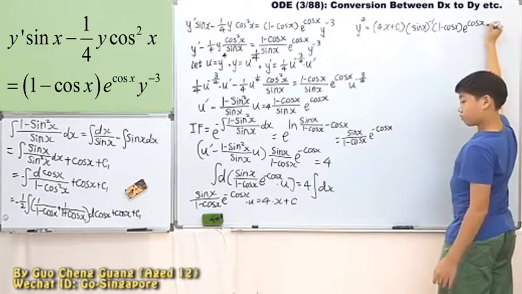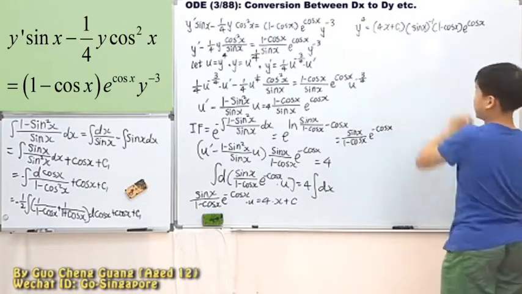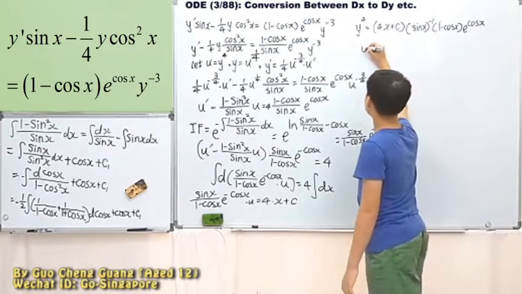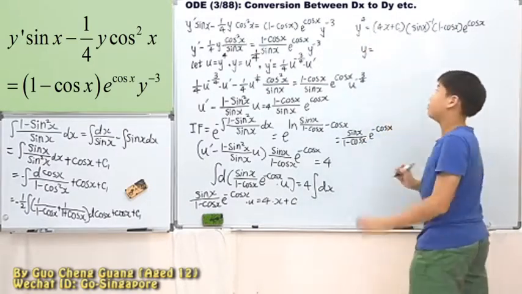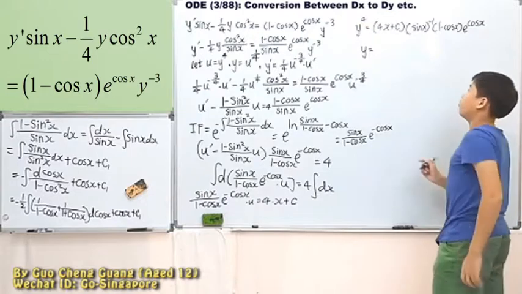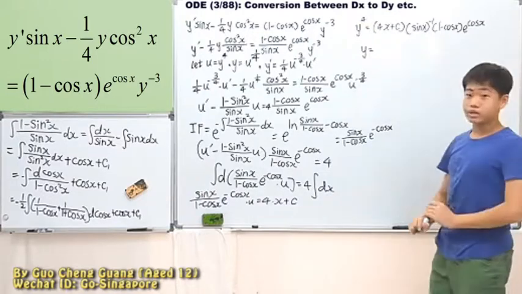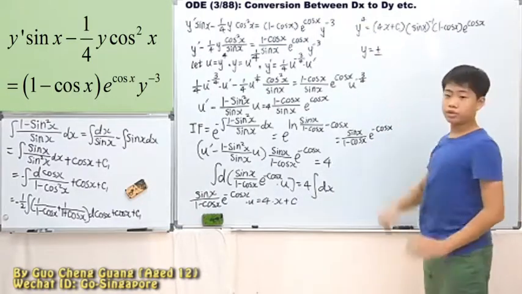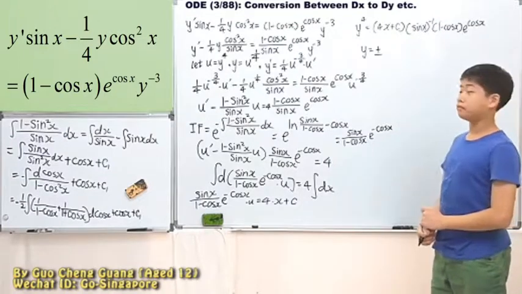Well, perhaps you could just write it in this form. Then after that, you find y. But here, this is to the power of 4. Now, when you move it to the other side, you now have the positive, negative.